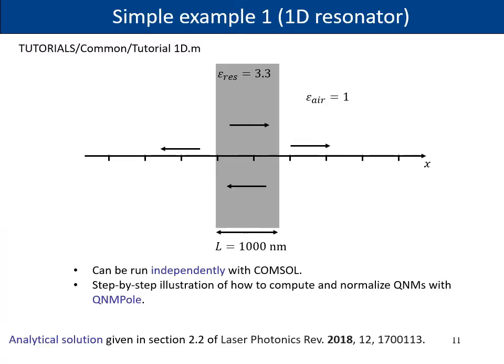In the first example, I would like to show you how to compute the quasi-normal modes of a very simple resonator, a 1D Fabry-Pérot resonator. This simple example is basically a dielectric slab with a permittivity of 3.3 and a length of 1000 nanometers, embedded in an air background.